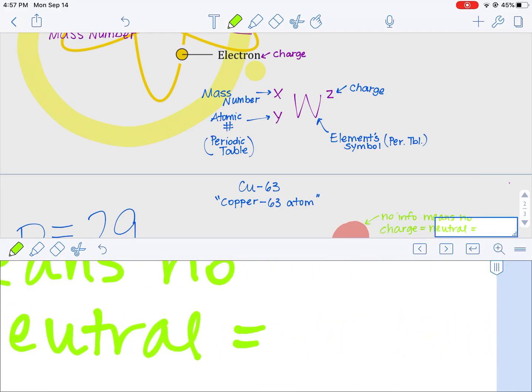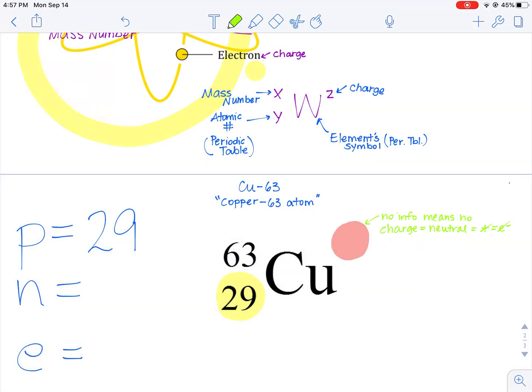Something that's neutral has the positive and the negative canceling each other out. So if I know that we have 29 positive particles, because a proton is positive, now I know that there are 29 electrons, which are negative. They've got to cancel each other out because there's no charge on this particle.